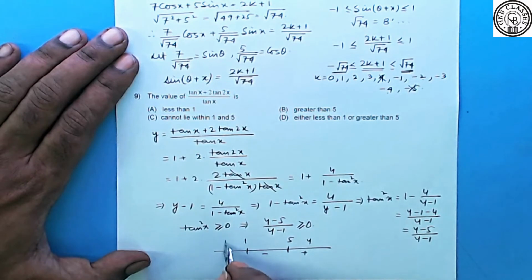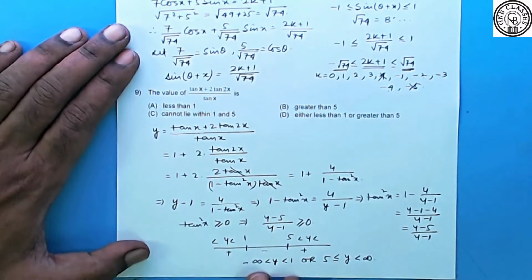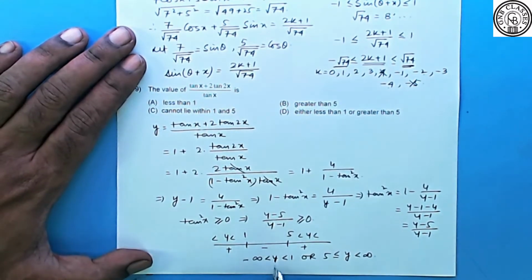So in this case, your answer is from minus infinity, y less than 1, or y greater than or equal to 5. Is it clear?